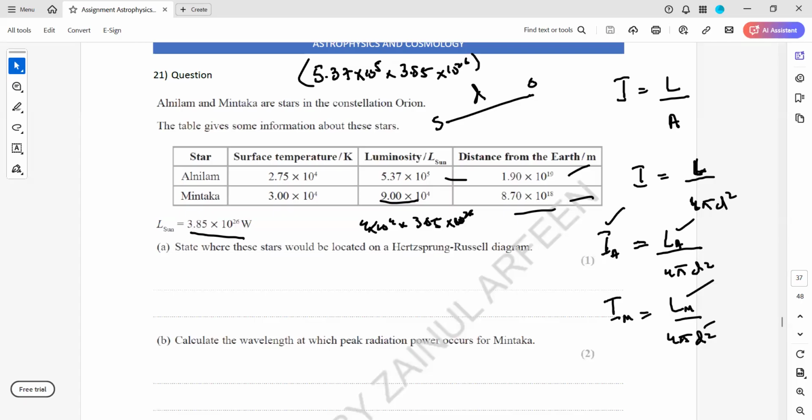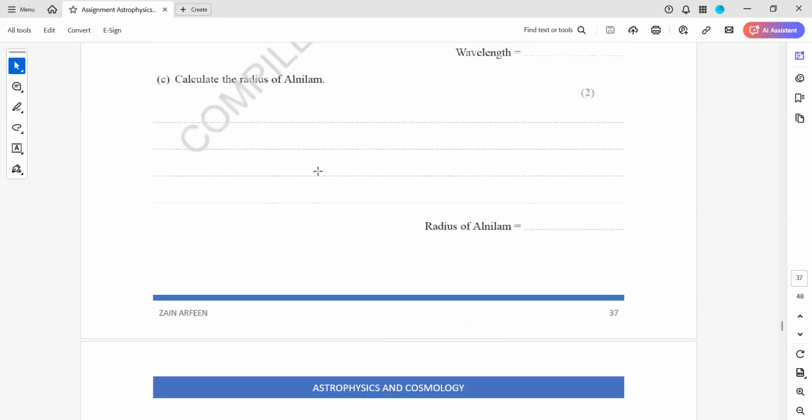But the main two factors which affect the brightness are the luminosity, the power, and the distance from us. Is it clear? This is the last part of the question.